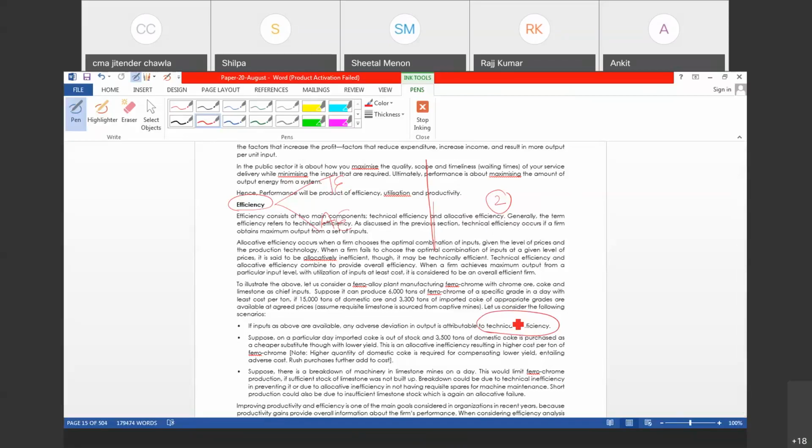So one filter: technical efficient plus technical inefficient, all the processes are in one basket, and you remove the technical inefficient ones. Who remains in the basket? Technical efficiency. Out of these technically efficient processes, say A, B, C, you choose the one that is the cost-minimum technique, which is the C process. Right.